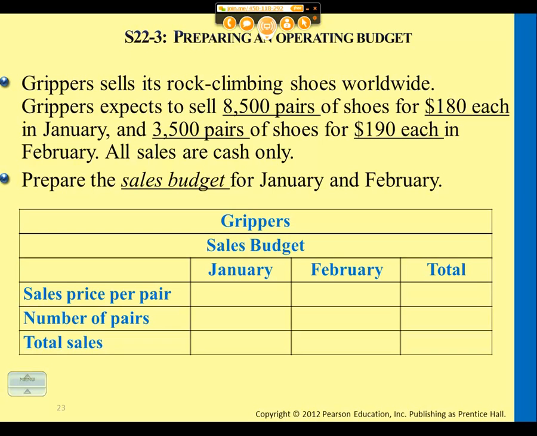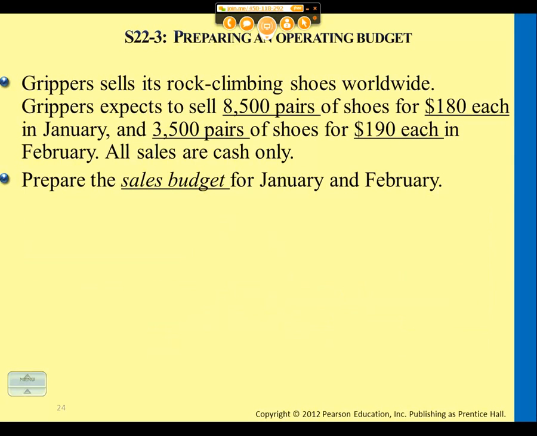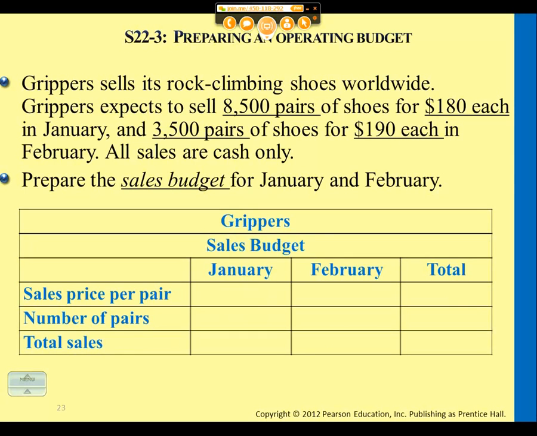1,590,000. So for January, let me see if I have the whole number.